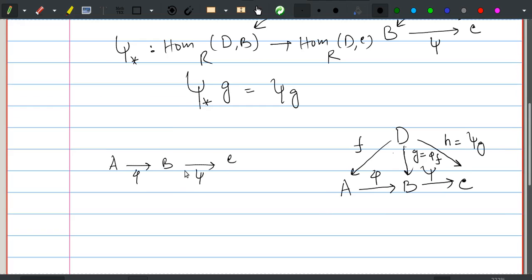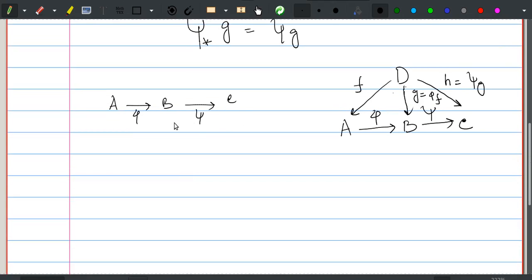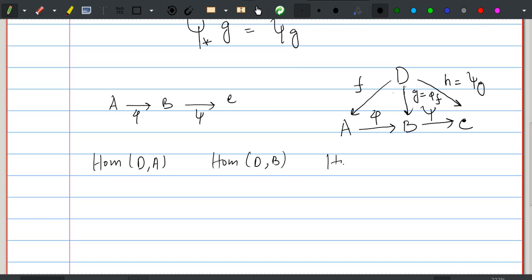This sequence of modules and homomorphisms induces this sequence here: Hom DA, Hom DB, Hom DC. So these are the R modules and these are the morphisms, phi star and psi star.